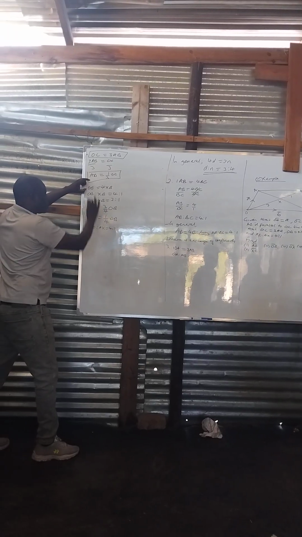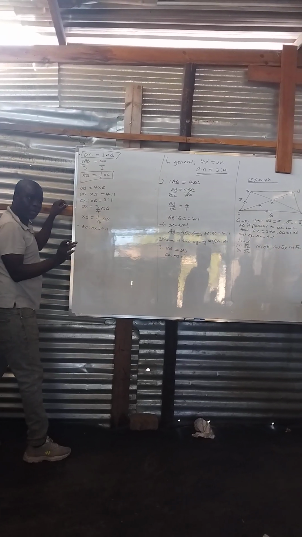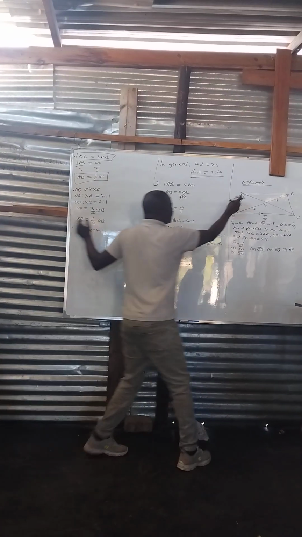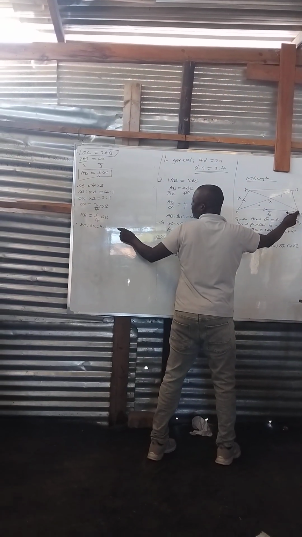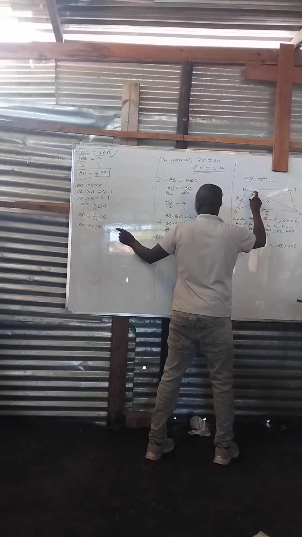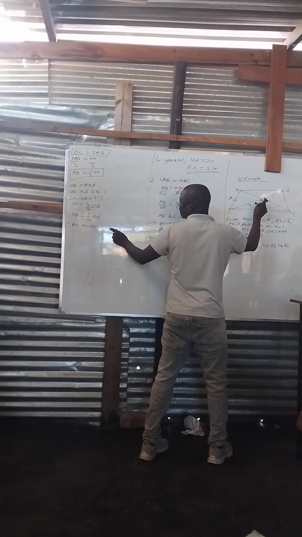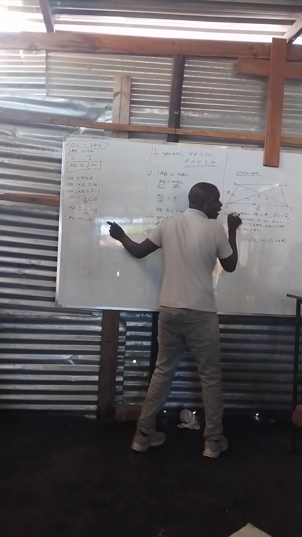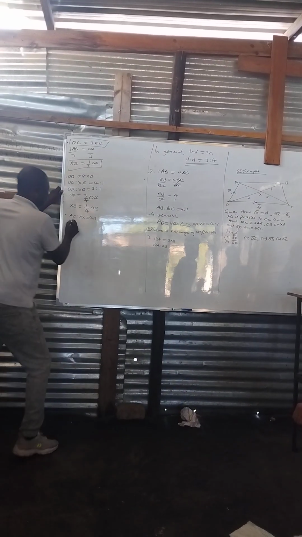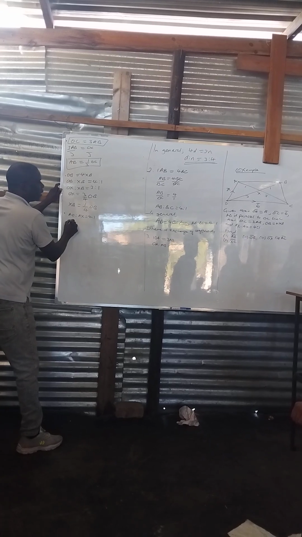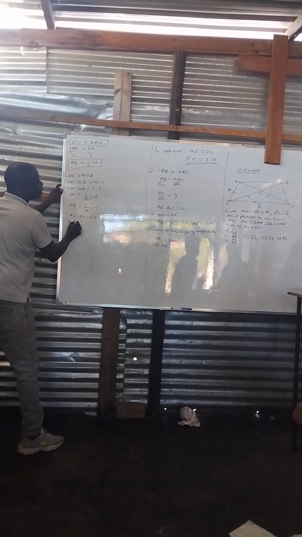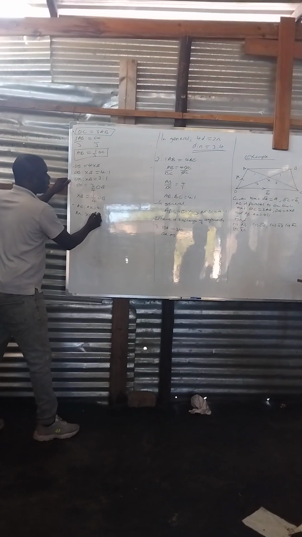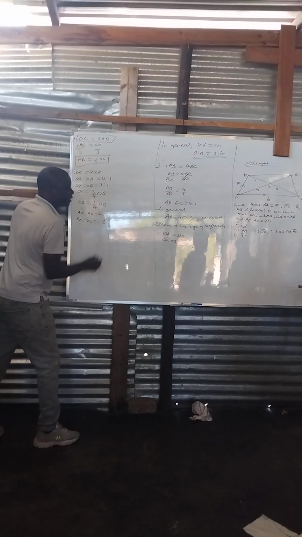Look now here: AC is 4 parts, then AX is 1 part, and XC is 3 parts. So AX to XC is in the ratio 1 to 3.